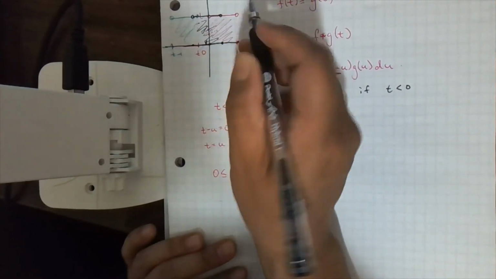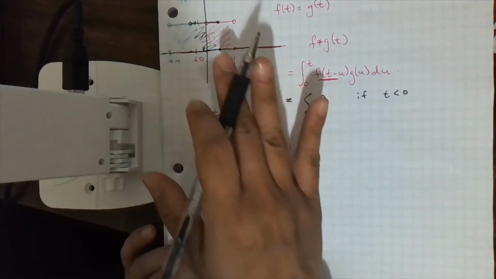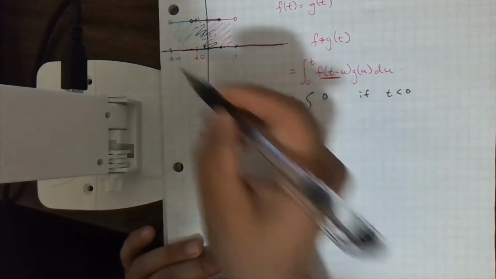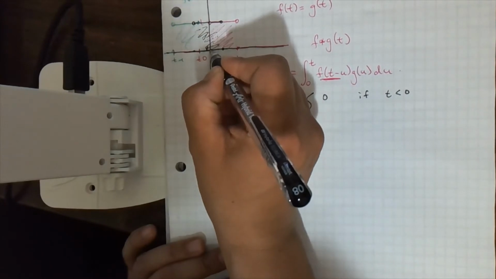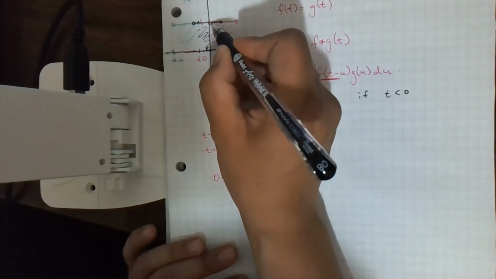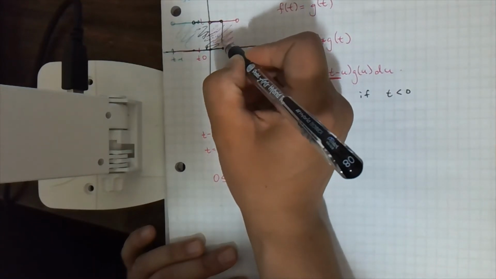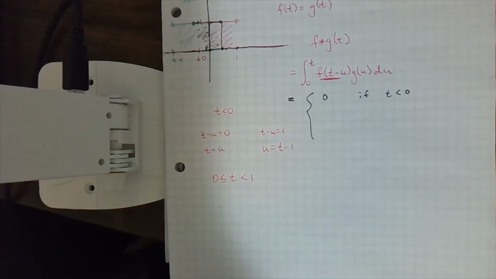And so let's look at that combined with the pink function. If we multiply them together, as long as one of them is 0, we're down at 0. So we're down at 0 here because the pink function is 0. We're down at 0 here because the black function is 0. So we have this little half unit square where we're not at 0.